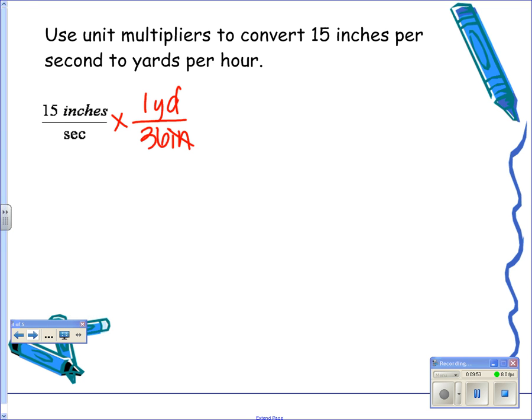Is it okay to go from inches to yards? Could you have done inches to feet and then feet to yards? 3 times 12 is still 36, right? Okay, what else do you have to do?